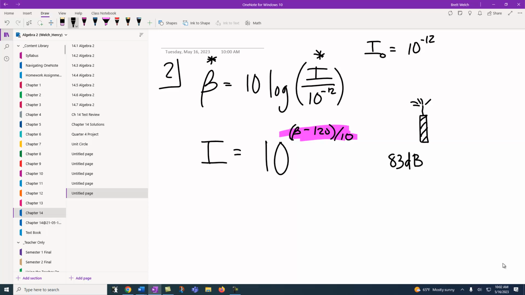And the question I would ask is, what if, instead of 1, what if I had 3? And so I would ask you, what's the sound level on 3 of these firecrackers when they're done simultaneous?